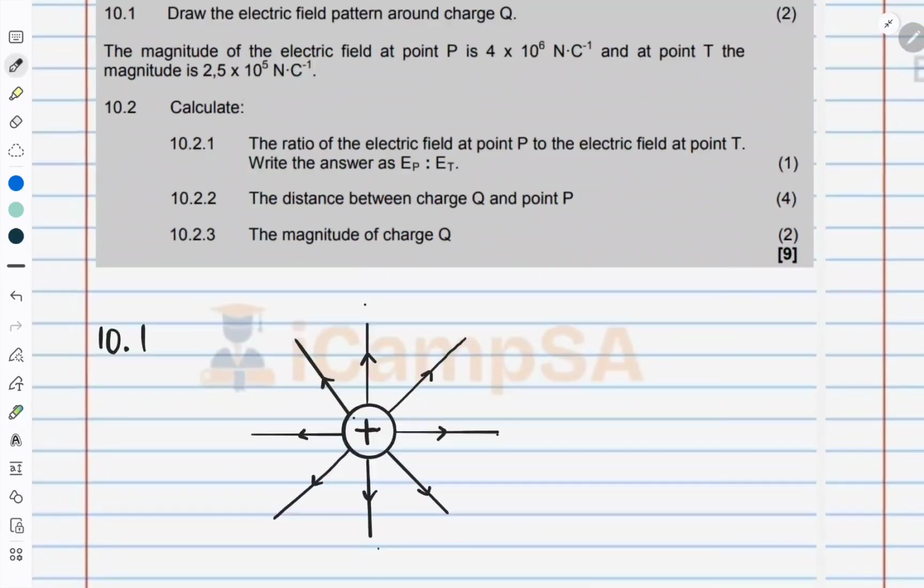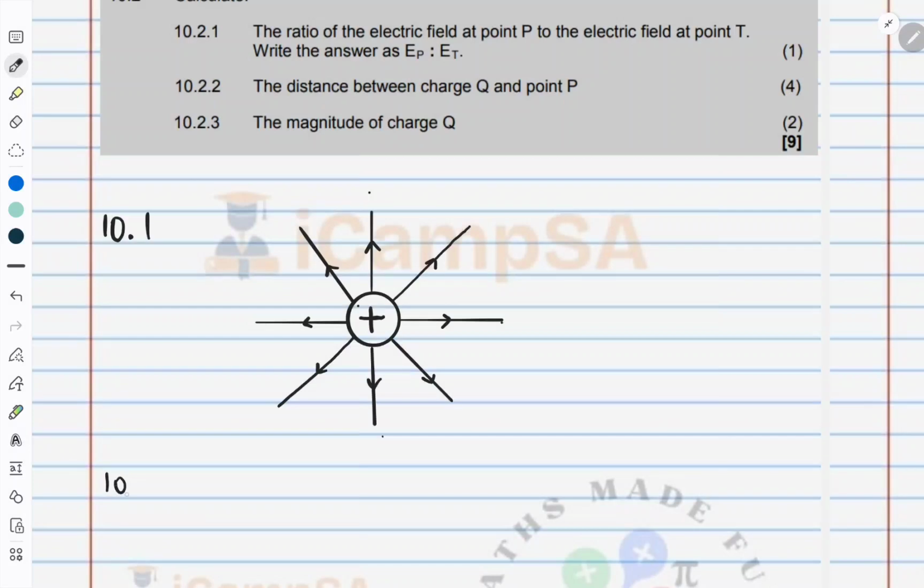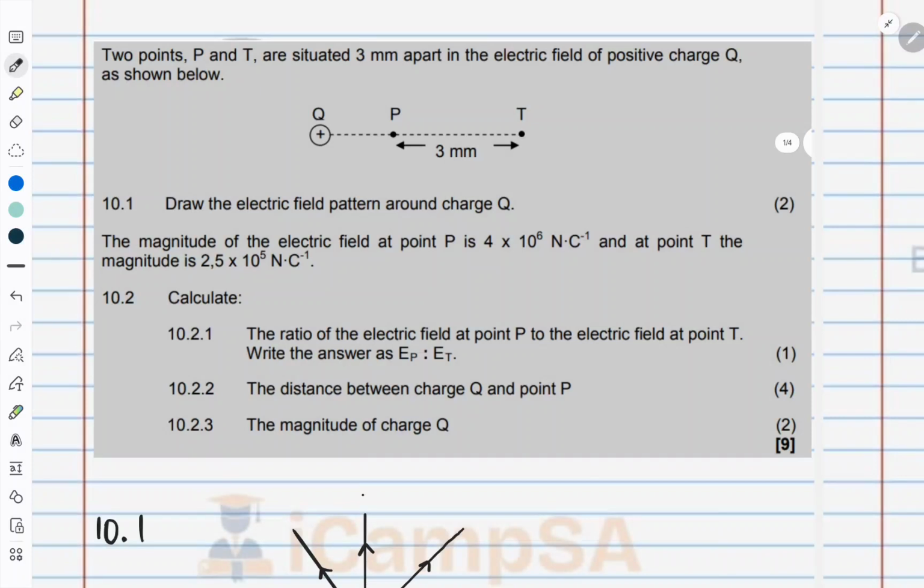Let's go to 10.2. So for 10.2, the magnitude of the electric field at point P is given, 4 times 10 to the power 6, and at point T, the magnitude is 2.5 times 10 to the power 5. All right. So we are given these two values.